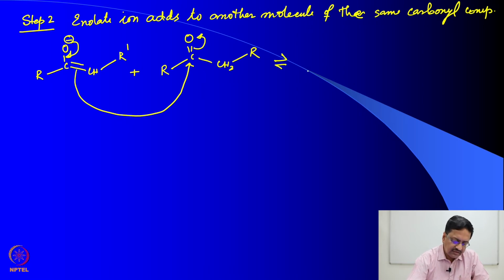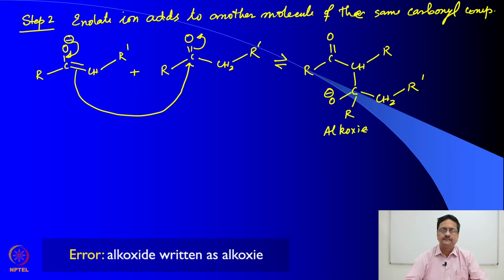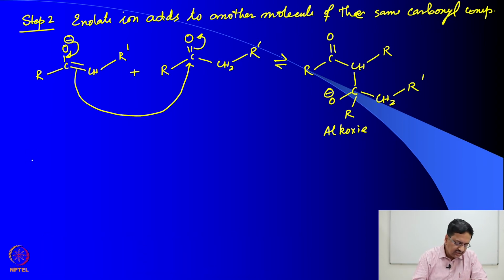So, what we end up getting is this compound. This compound is called the alkoxide ion.